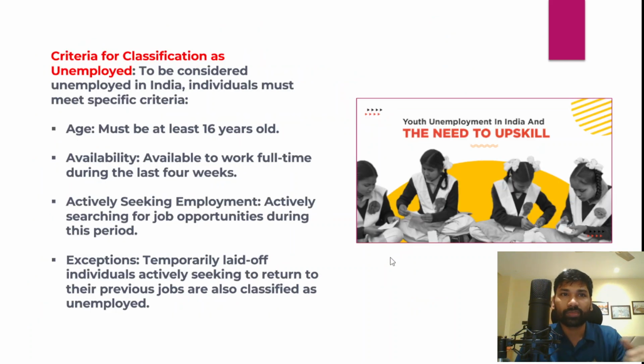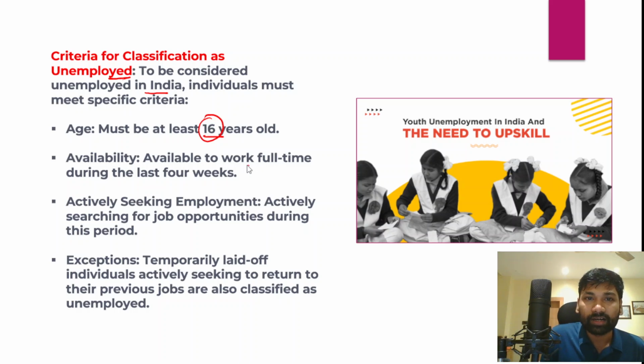Next, what is the criteria for the classification of people who are unemployed? There is a certain criteria followed in India for the calculation of unemployment. The individual who is part of the labor force must be 16 years old or above.